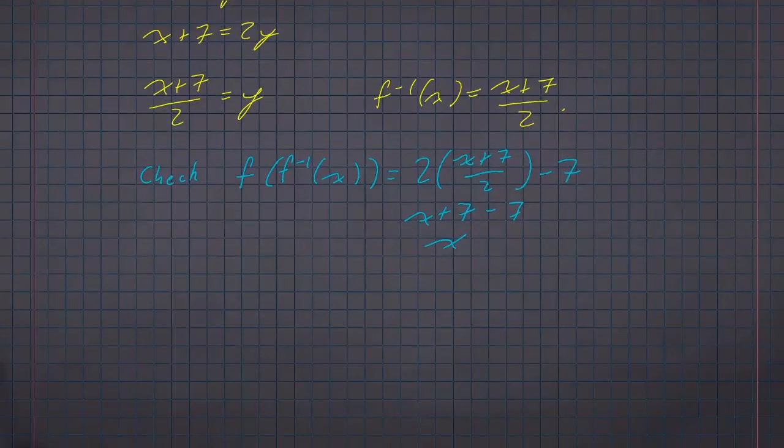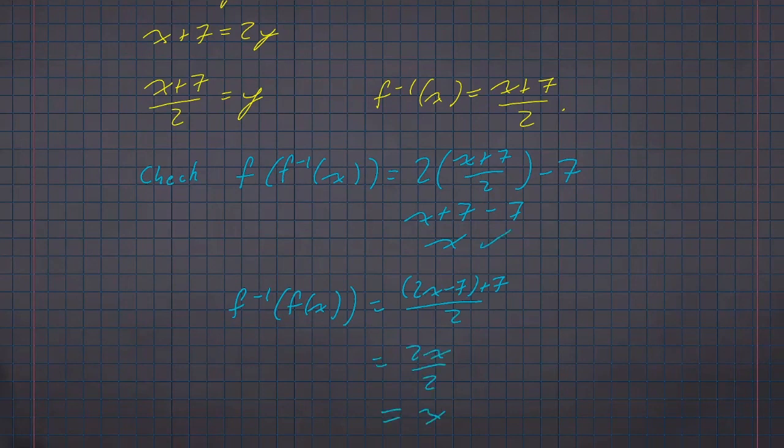And we can also check f inverse of f of x, which is going to be 2x minus 7 plus 7 over 2, which is 2x over 2, which is x. All right. We can check to make sure that the thing we found does in fact satisfy the properties of inverse if we need to. Strictly speaking, not necessary, but as you have seen many times in the past, that sort of reasoning is very often useful.